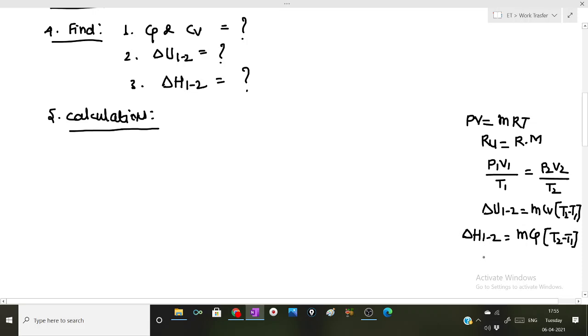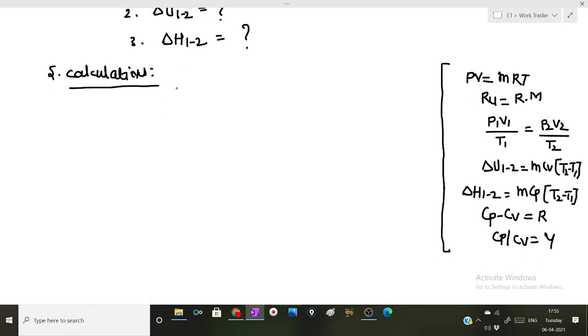We have also one more general equation, Cp minus Cv is equal to R and Cp by Cv is equal to gamma. Now let us do the calculations one by one.